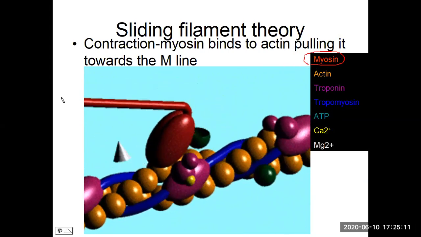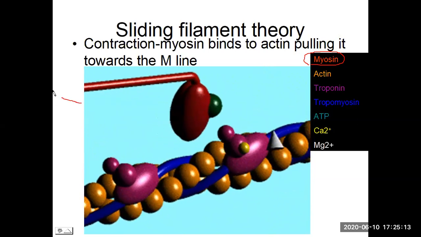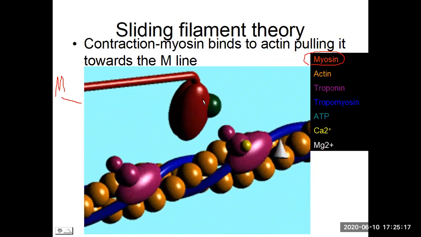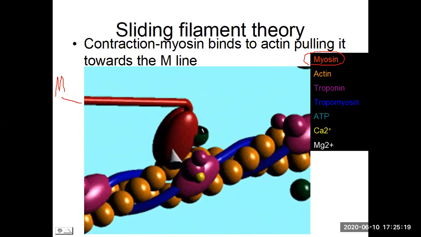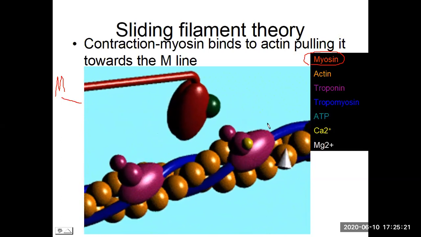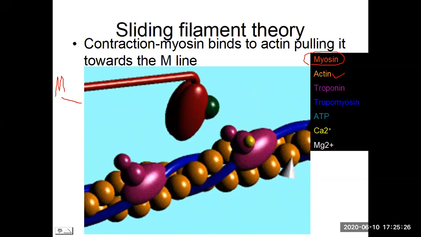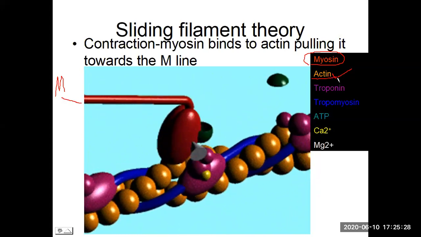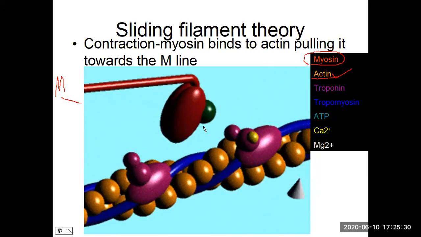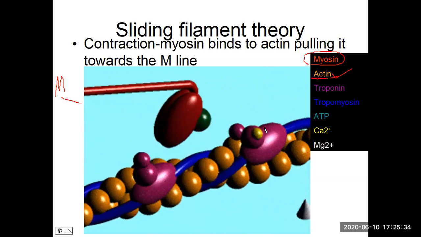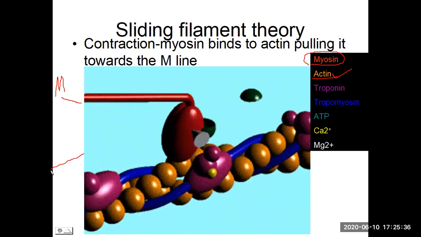This would be the myosin tail. The M line is off to this side of the screen. We have the myosin head, which you notice has this ability to move. That's connecting onto actin, represented here. And you notice by pulling and releasing and pulling, we're now just pulling that actin closer to the M line.